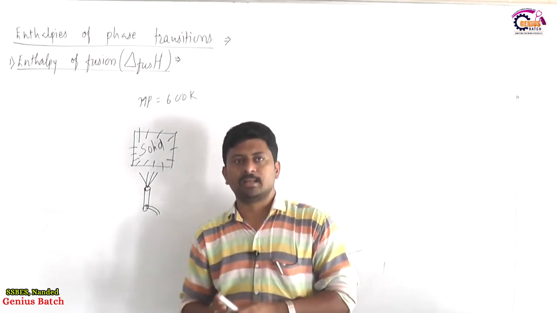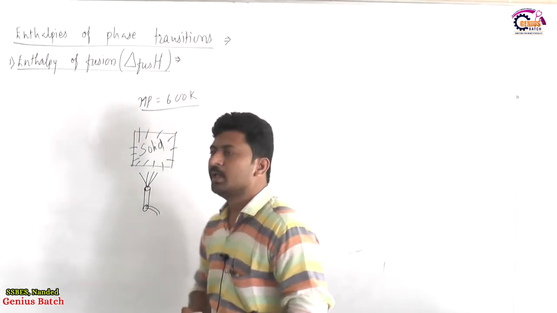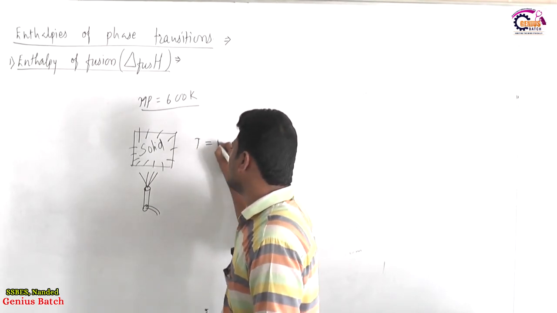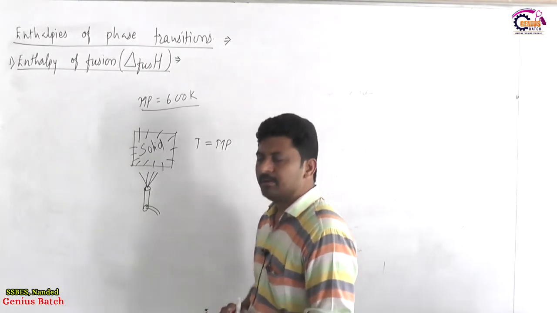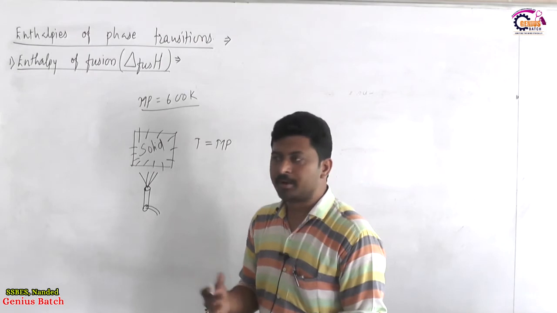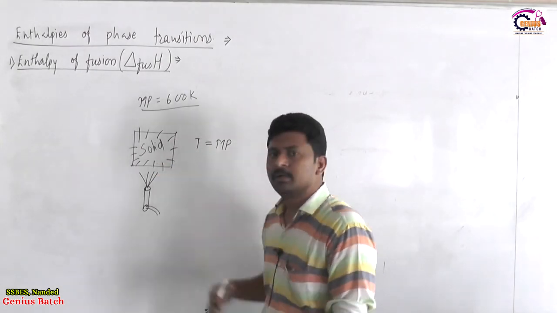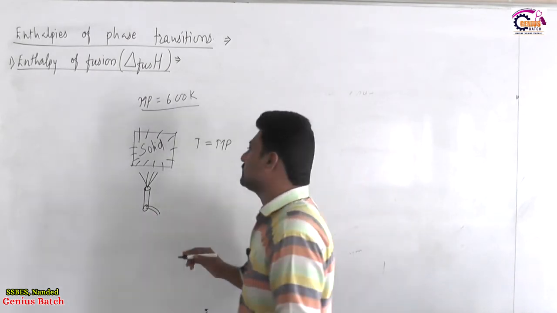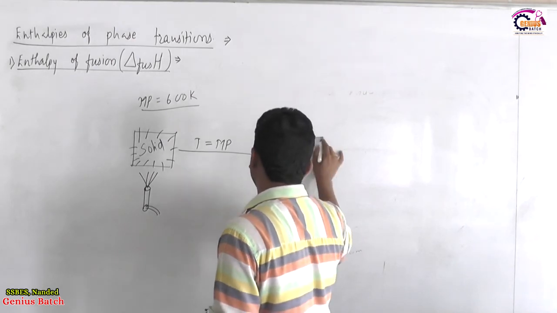As long as it has not reached its melting point. Now when the temperature of this object becomes equal to its melting point, the heat given after that point will start to break the particles and convert it into the liquid.